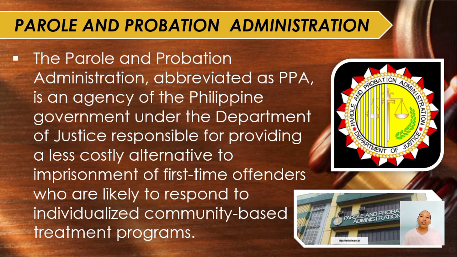The PPA is an agency of the Philippine government under the Department of Justice responsible for providing a less costly alternative to imprisonment of first-time offenders who are likely to respond to individualized community-based treatment programs.